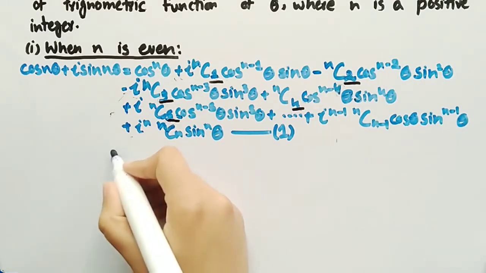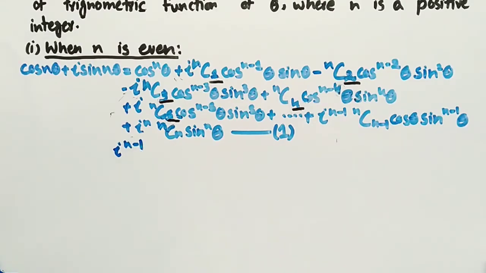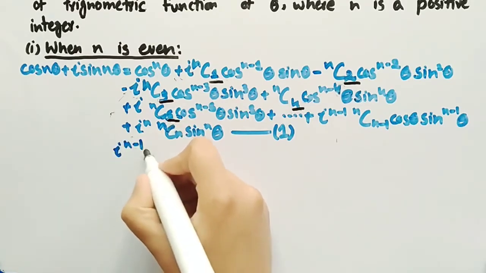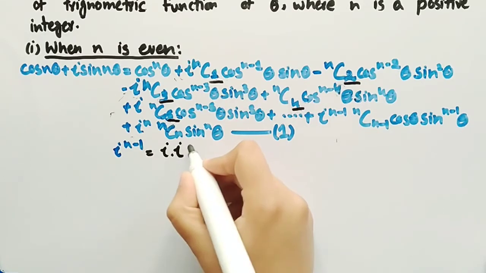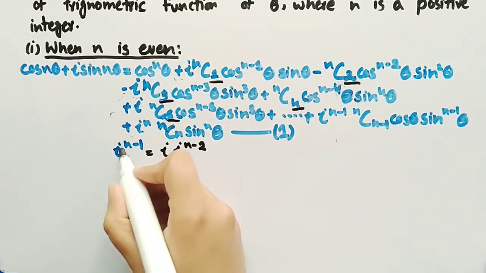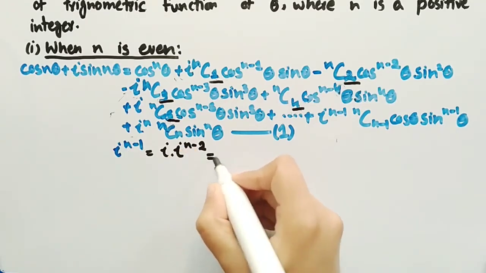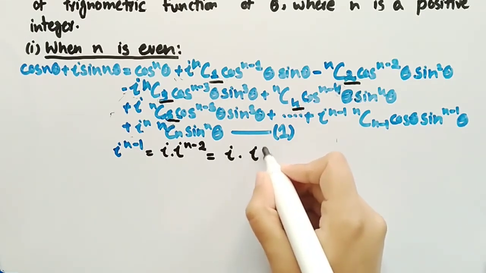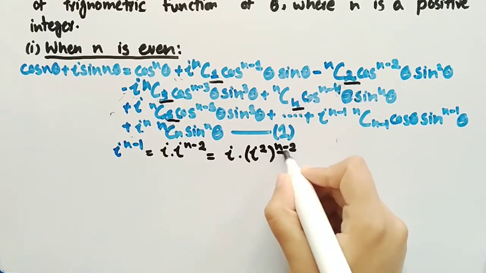We will firstly write i^(n-1), and it can be rewritten as i into i^(n-2). When we combine this term, we still get i^(n-1), which can be written as i into (i²)^((n-2)/2).